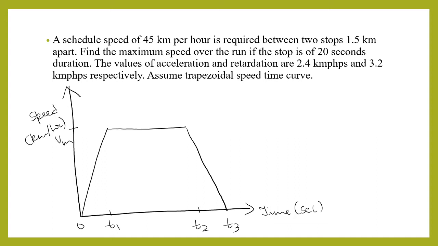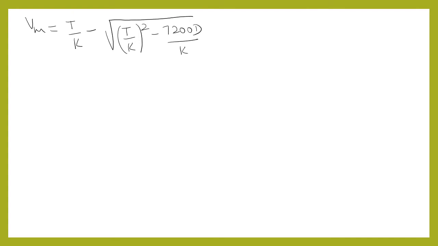So we have the equation for the maximum speed or crest speed. Vm equal to T by K minus square root of (T by K) square minus 7200 D by K. So the data given is schedule speed equal to 45 km per hour.